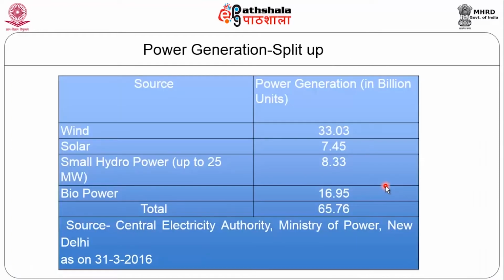And this is about the power generation split-up: from wind energy we are generating about 33.03 billion units of electricity, which is really high compared with other renewable energy sources.